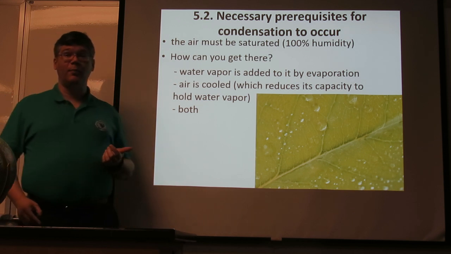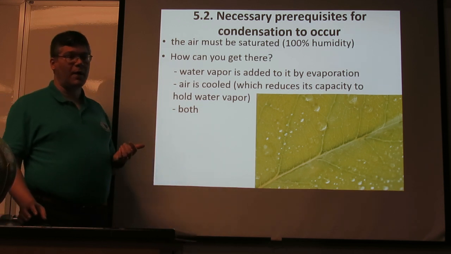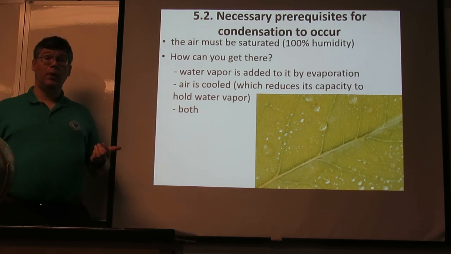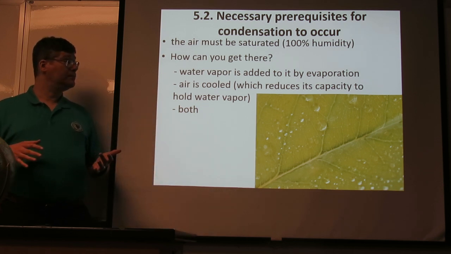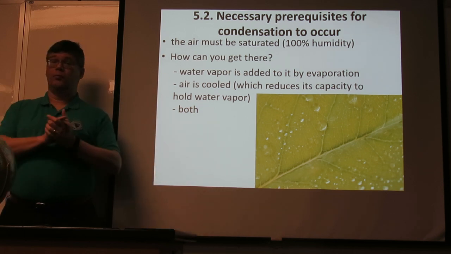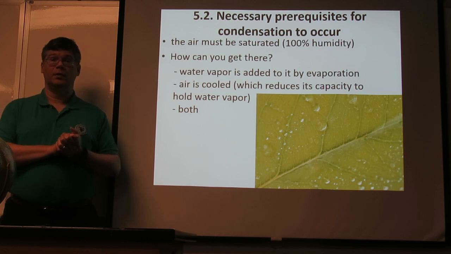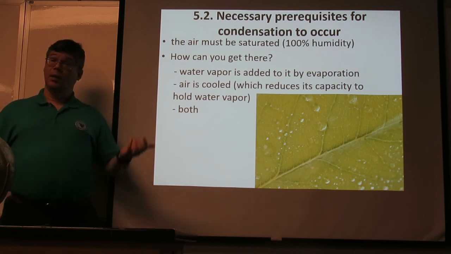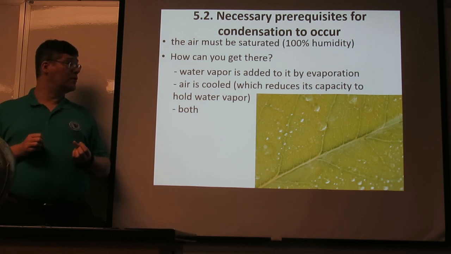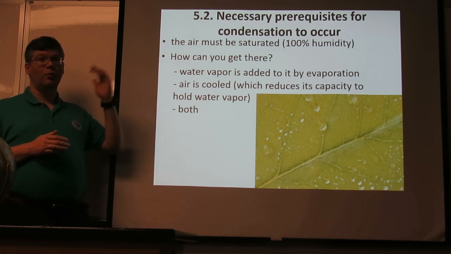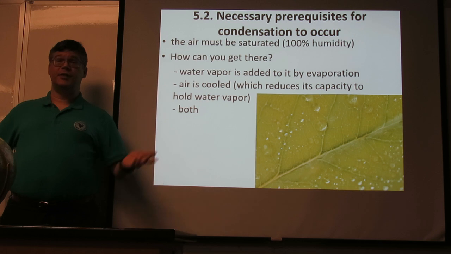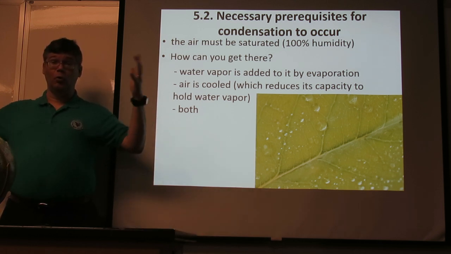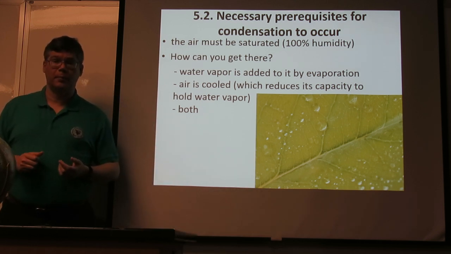We can either add more water, so make water evaporate, or we can cool the air down. And cooler air means cooler temperatures, less evaporates, more condenses, until we reach the point of saturation. Of course, if we really want to have condensation happening, we could both cool down the air and add extra water.